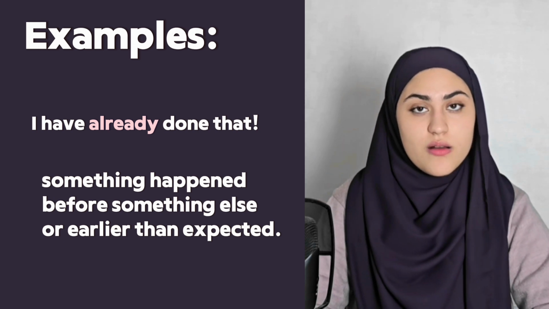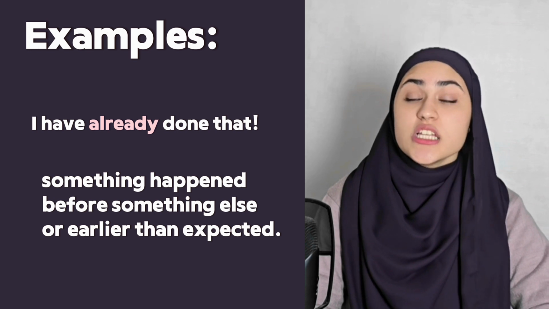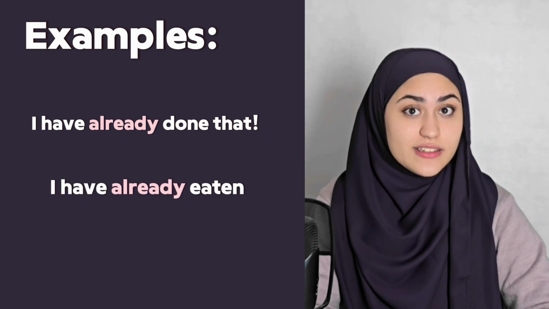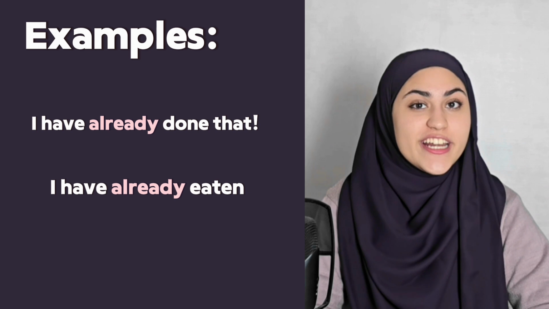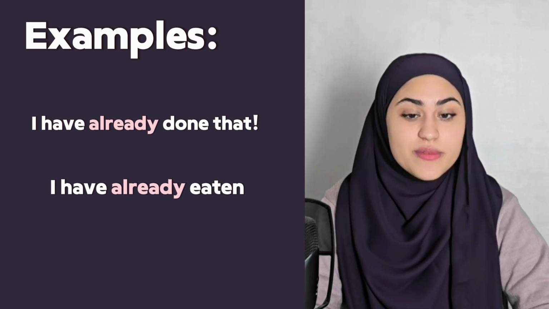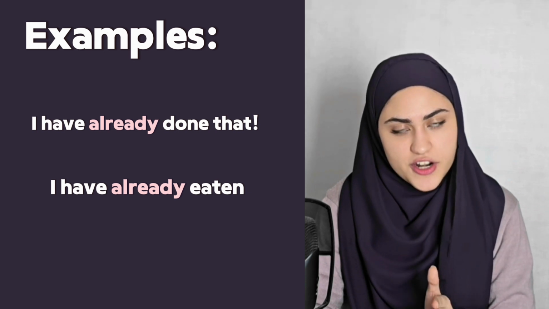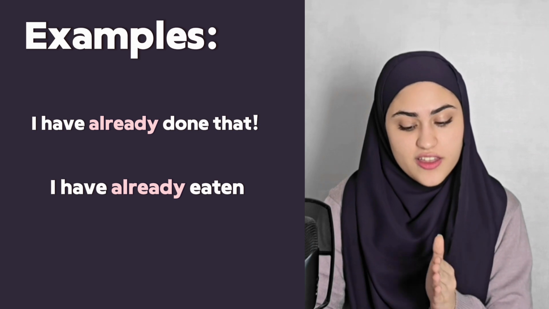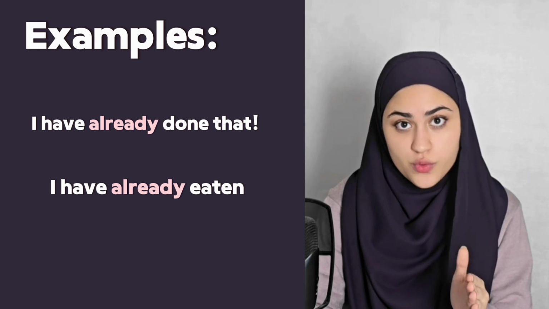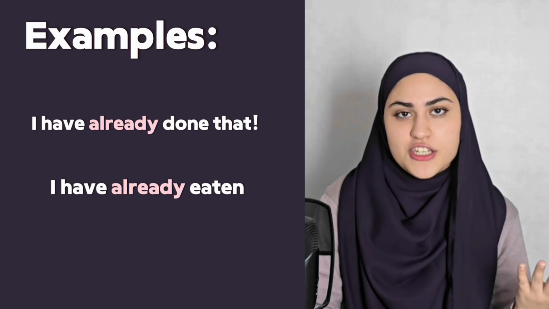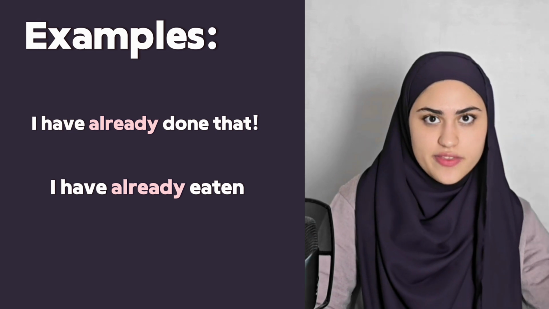Your mom calls you and she says, honey, it's dinner time. Come on. And you say, Mom, I have already eaten. I have already eaten means that I ate my dinner earlier than 10 o'clock, than the time that I was supposed to eat my dinner, than the actual time, than the time that is mentioned or thought to be the right time for that.